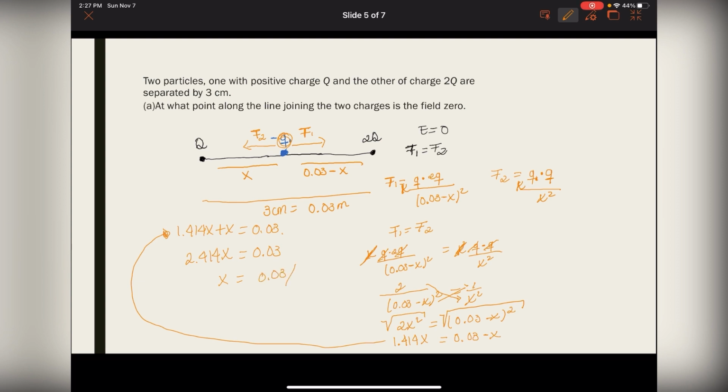Solving for x, we get x equals 0.03 divided by 2.414, which equals 0.0124.